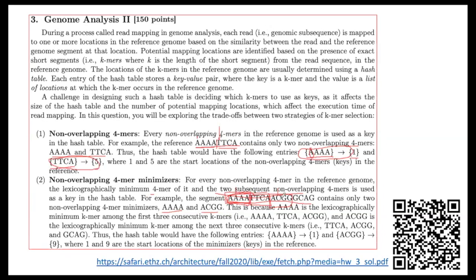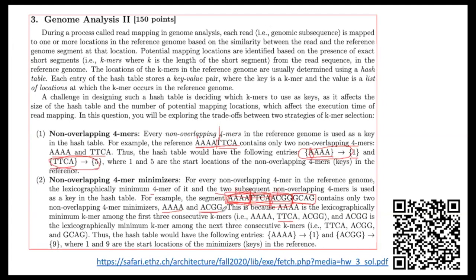We repeat the same thing, but now when we extract the next 3 k-mers, the first one will be TTCA, the first k-mer in the next iteration. ACGG is the second k-mer, and GCAG is the third k-mer. Now we sort them, and then we pick the minimum as a minimizer, which is ACGG.